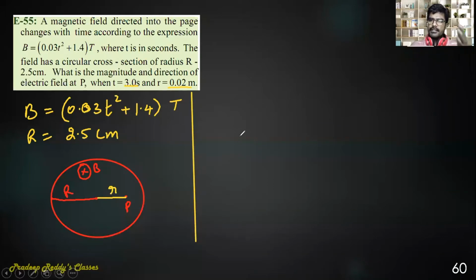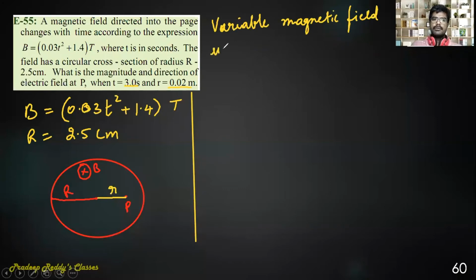Because of the change in the magnetic field, there will be electric fields induced within the circuit. So variable magnetic fields induce electric fields.